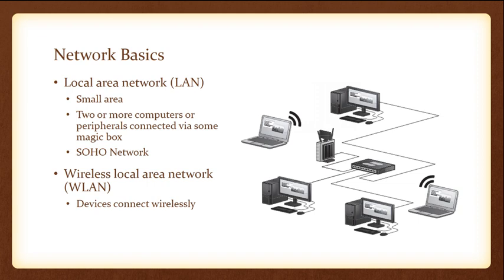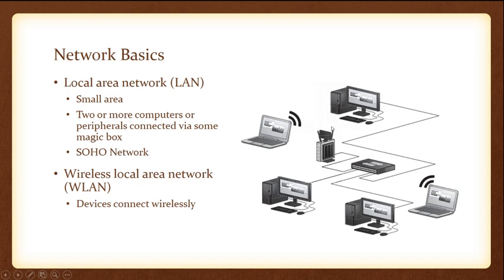A wireless local area network is called a WLAN. This is where devices within a network connect wirelessly. As you can see from this graphic over here, we've got 3 different workstations and then 2 laptops. So we have 5 different computers that are being connected together through a network, and we need a switch to be able to do that.